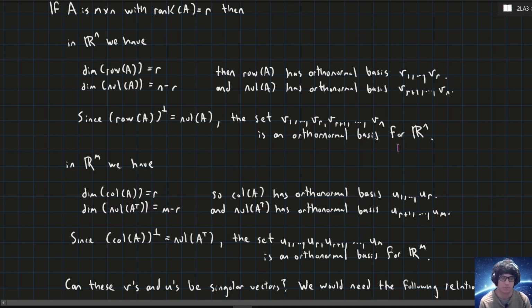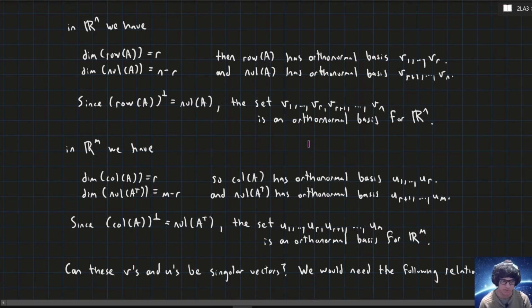We're looking for an orthonormal basis of Rm. The first r vectors will be the basis of the column space, and the remaining m minus r vectors will be the basis of the null space of A transpose. Since they are orthogonal complements, when we put those two sets together, that forms an orthonormal basis for Rm.